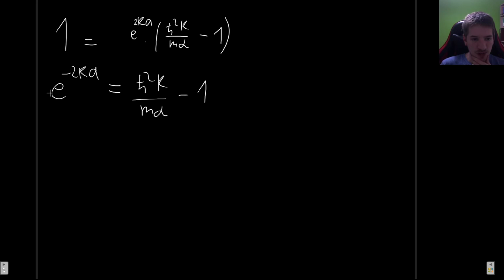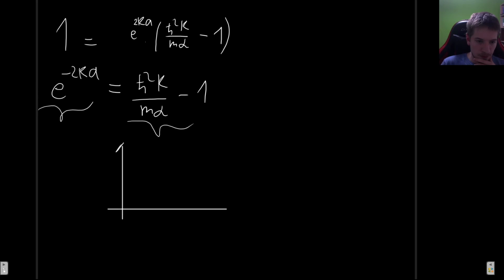So how do we solve this? Well, this is a function of k and this is a function of k. So what we can do is make just a graph of these functions in terms of k. Sorry, I didn't mean x, I want to say k here.